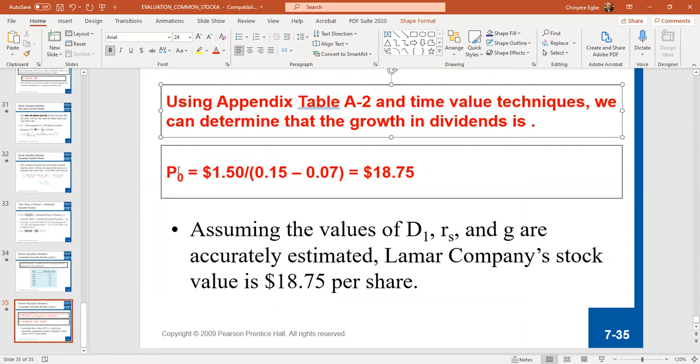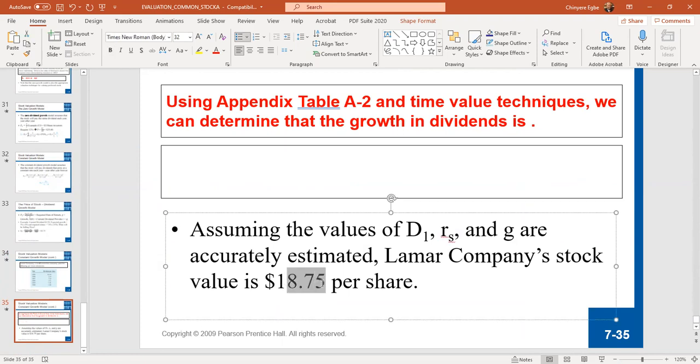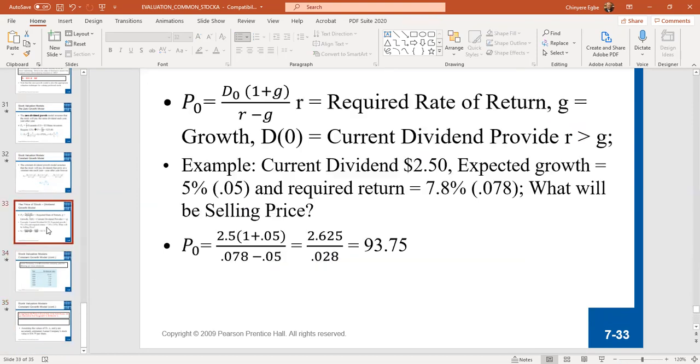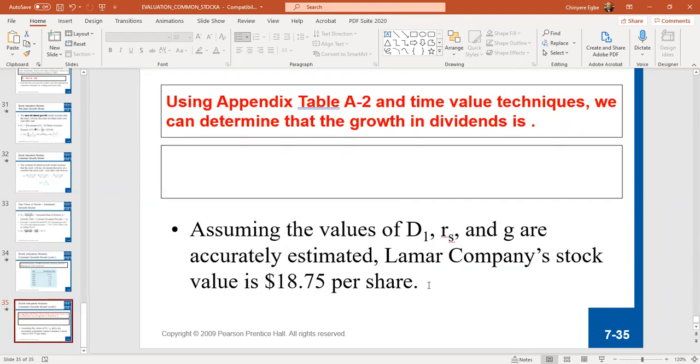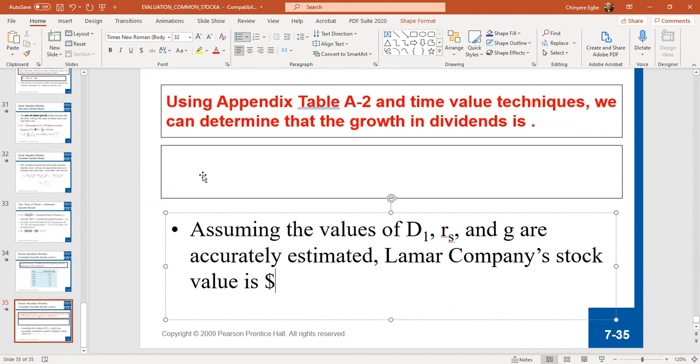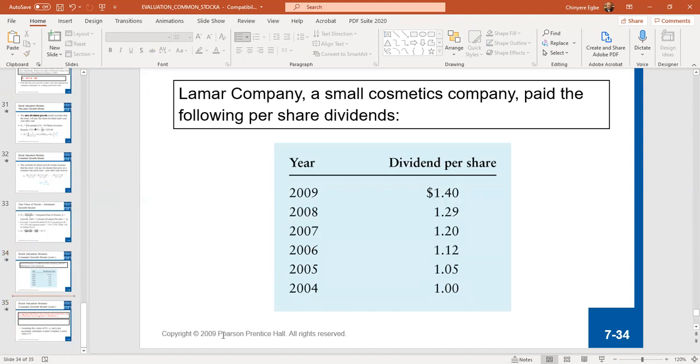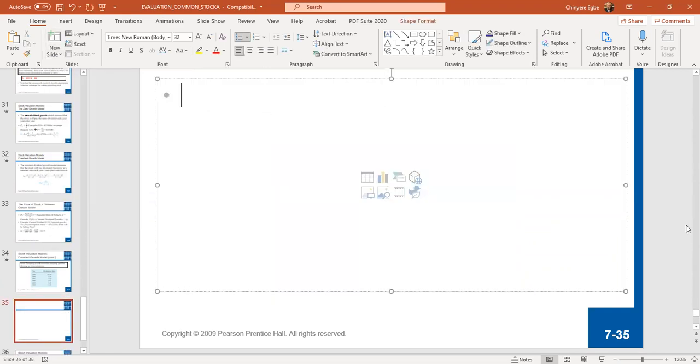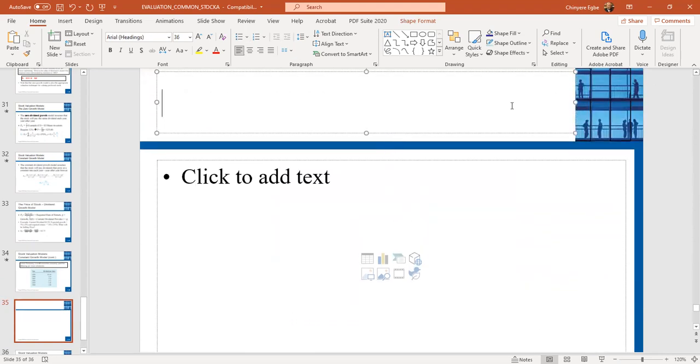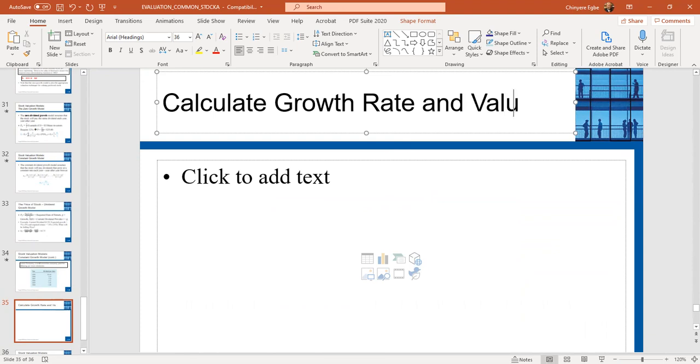So we're going to calculate the growth rate here for this particular asset. Calculate growth rate and value stock.